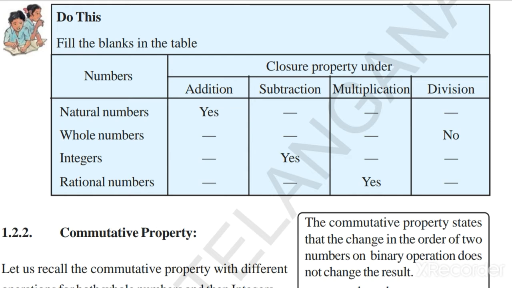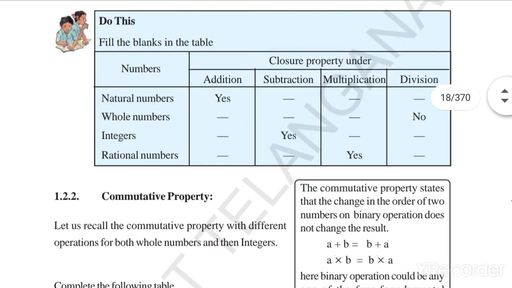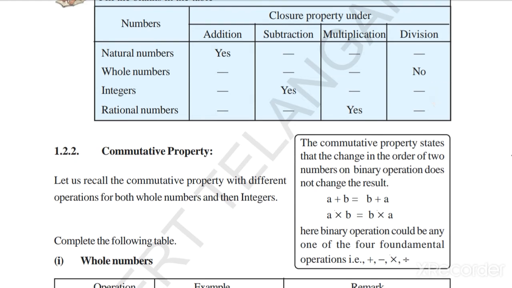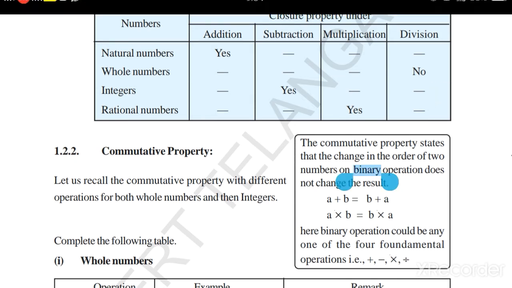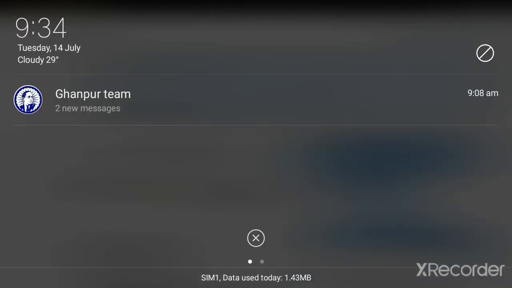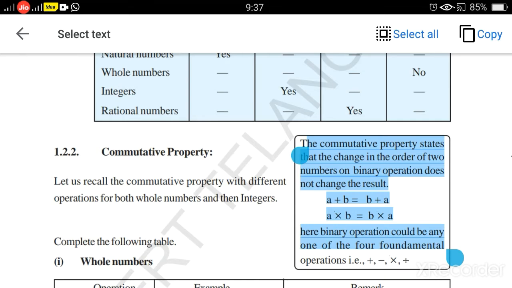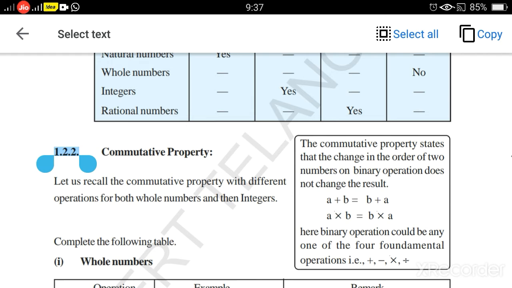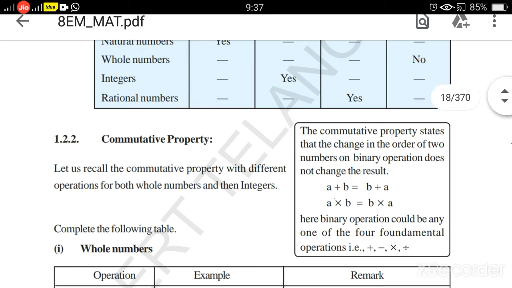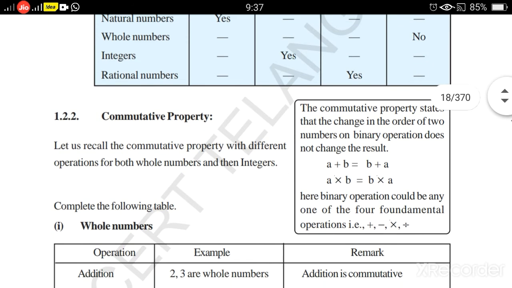Next I am going to discuss the commutative property. You observe this box. The commutative property states that the change in the order of two numbers on a binary operation does not change the result, a plus b.